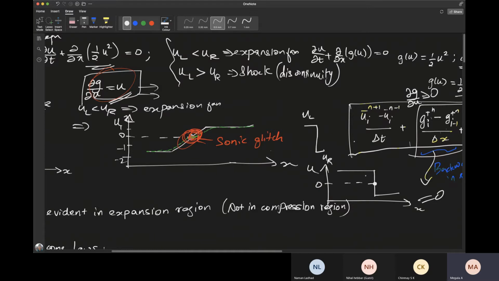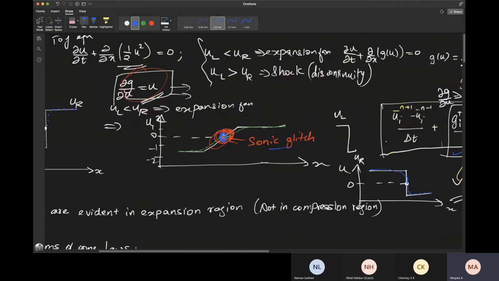You won't see it evidently in the numerical solutions, but here again there is a switch in the algorithm, because it's a compression region. Things get compressed, so you won't evidently feel the presence of the glitch there. But here, since things are expanding about this point, you will evidently see the glitch in the numerical solutions. So this is known as the sonic glitch.